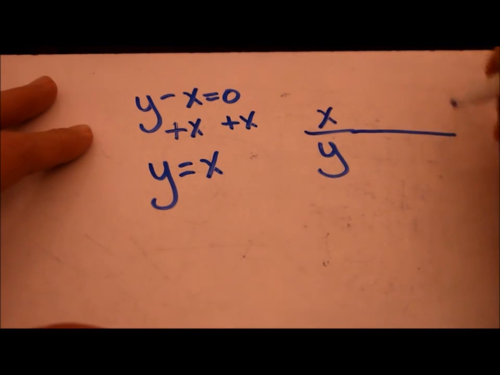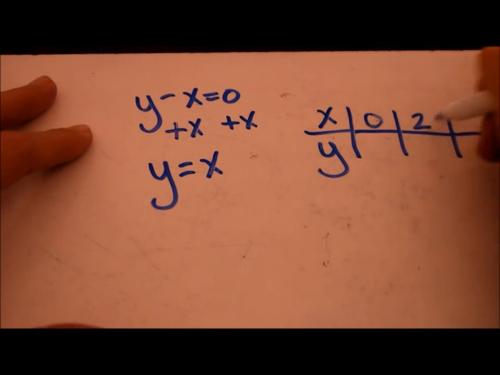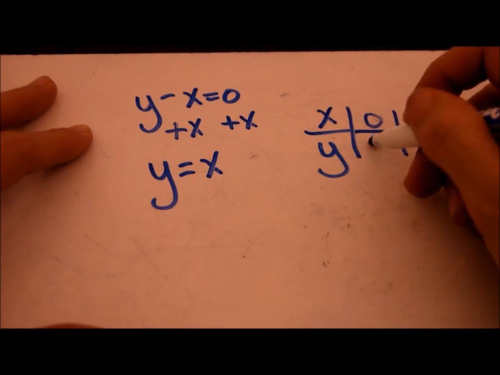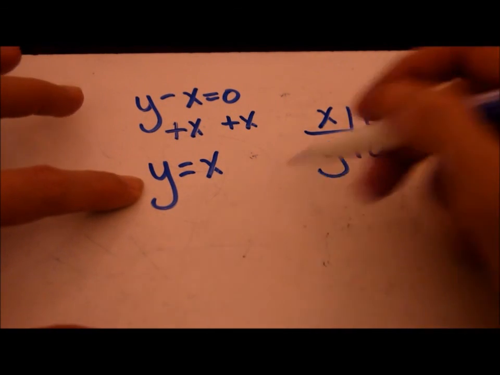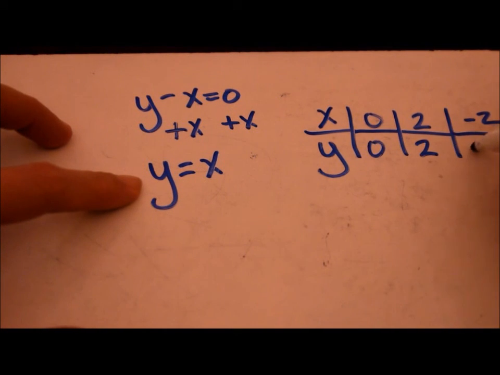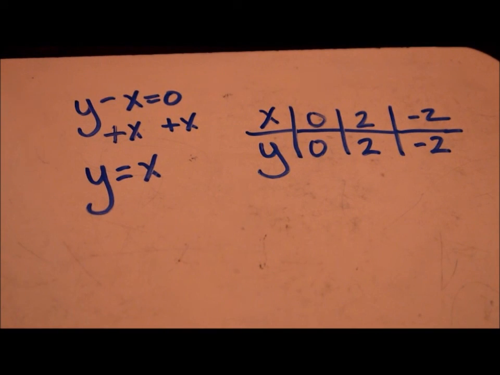So if we do it vertically this time, again, it only takes two points really to make a line, but just to be really careful, it's nice to have 3 points. Okay, so when x is 0, y is 0, right? Because they're the same, y equals x. When x is 2, y is 2. When x is negative 2, y is negative 2. Okay, so you can see a pattern there.